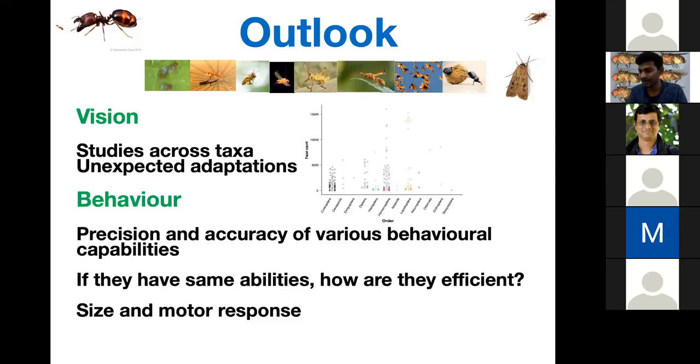Right. Those are all good points. I have actually thought about different behaviors, and learning and memory is one of them that I really wanted to answer as well. I did some more experiments, which I didn't really talk about here, to look at how well they learn a landmark.